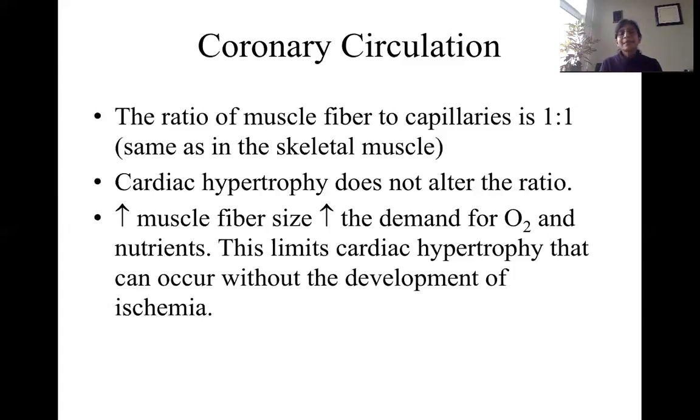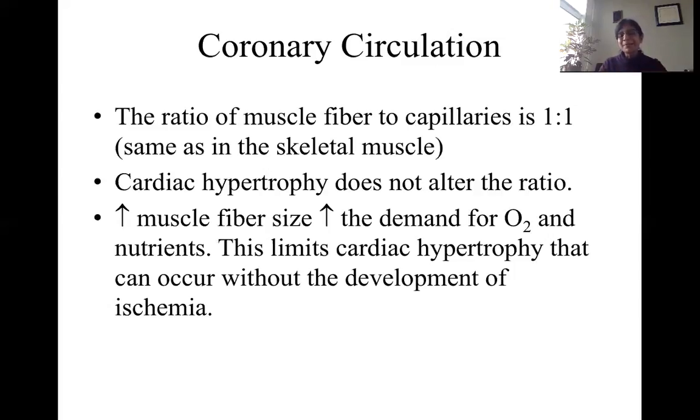But when you think about cardiac muscle, yes, as we use the heart, such as from exercising, etc., a greater workload makes the heart hypertrophy a little bit. And now hypertrophy of the cardiac muscle does not change the ratio of the capillaries.